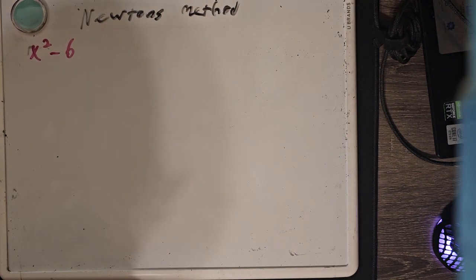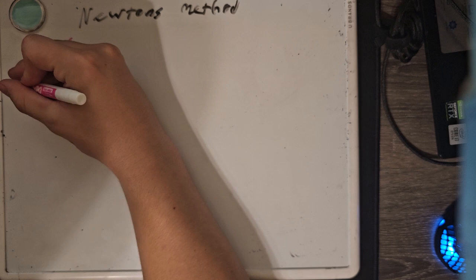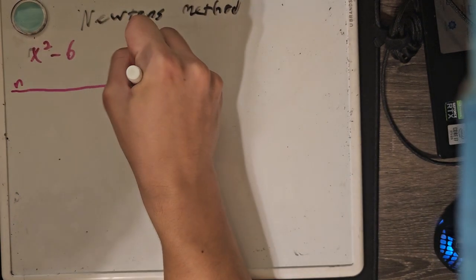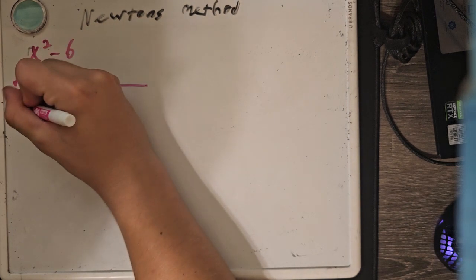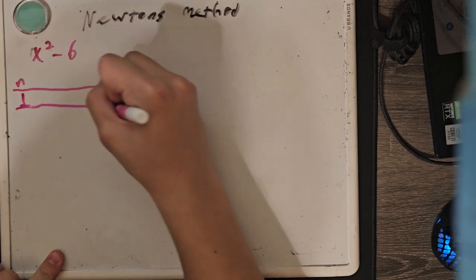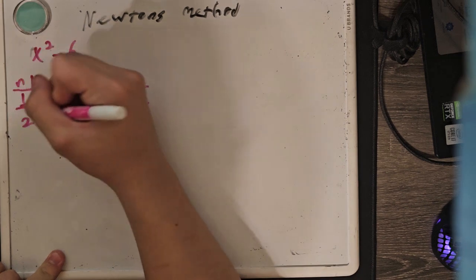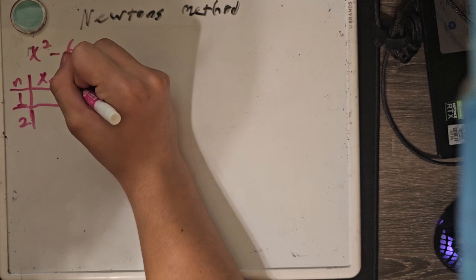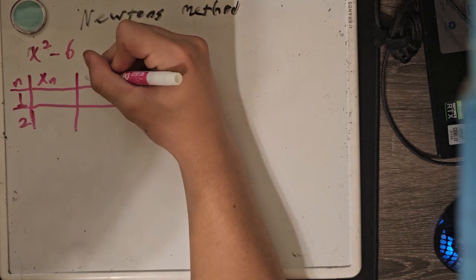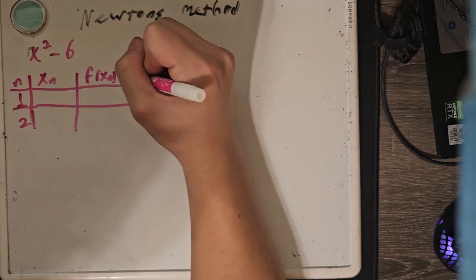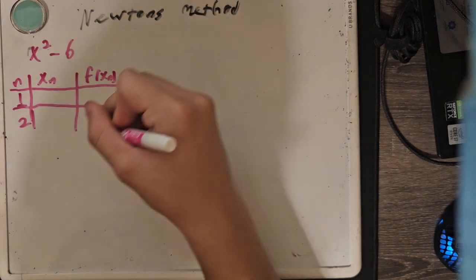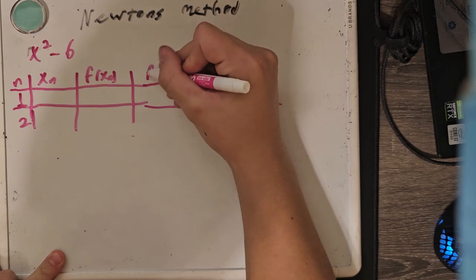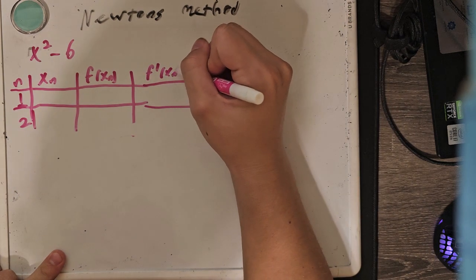Now, how you do this is you set up a table. You have your number, which iteration you're using, say just 1 and 2 for now. And you have x to the power of n. Then you have f of x_n. Then you have f prime of x_n.